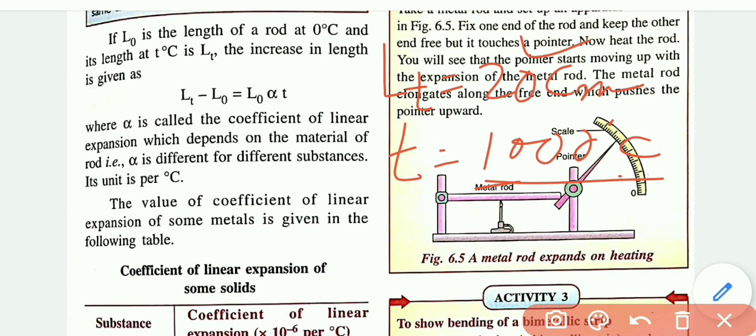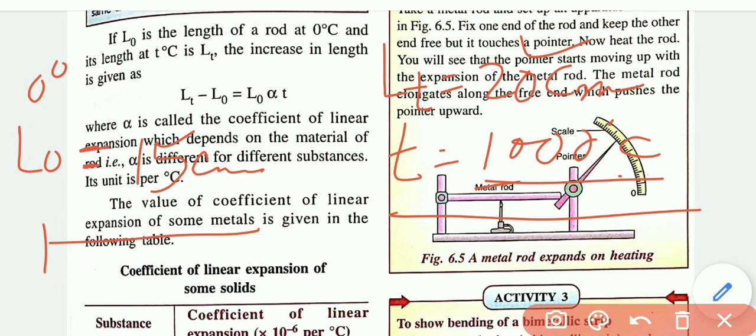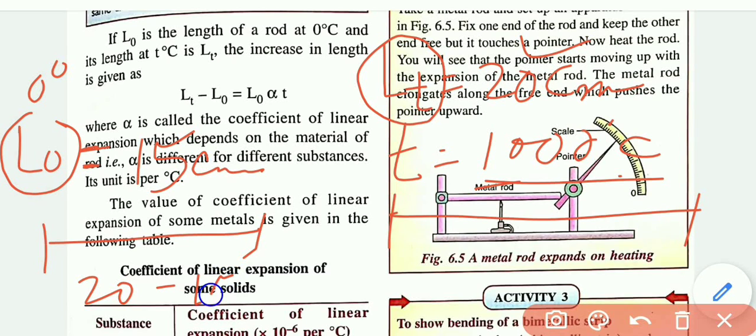But what is the initial length at 0 degree centigrade? At 0 degree centigrade, L0 was 15 centimeter. This was the original length, and this is the increased length. How much is it increased? Lt minus L0, that is 20 minus 15. This is the increased length, Lt minus L0.